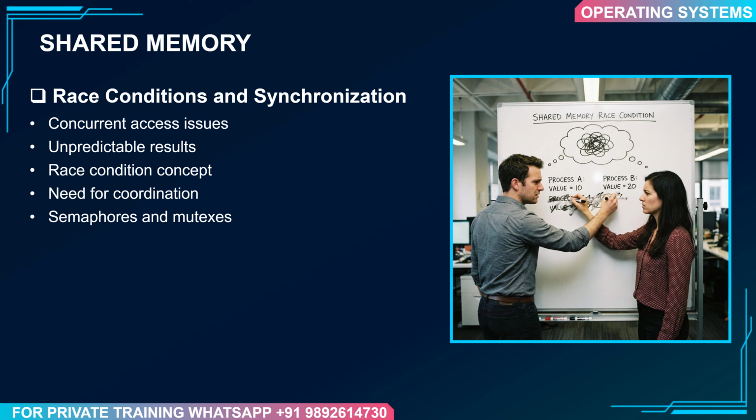If they do not coordinate, one might erase what the other just wrote. The same thing can happen in shared memory. If two processes write to the same memory location at the same time, the result can be unpredictable. This is known as a race condition, a topic we will explore deeply in the synchronization module. For now, it is enough to know that shared memory almost always needs synchronization mechanisms like semaphores or mutexes.